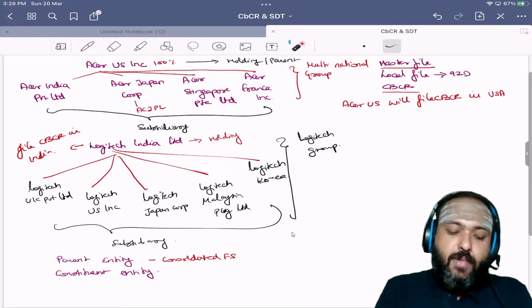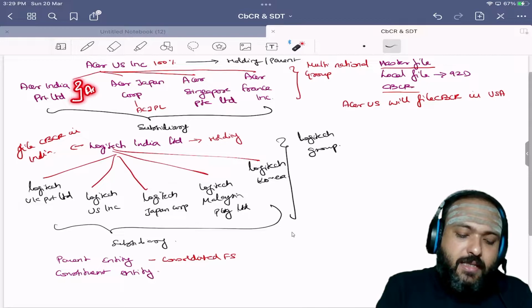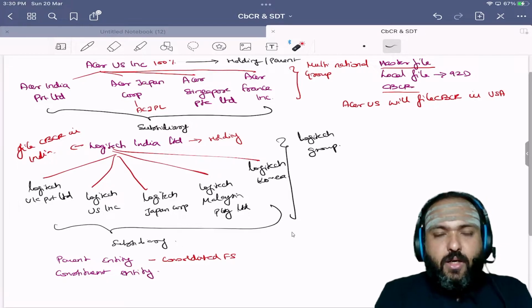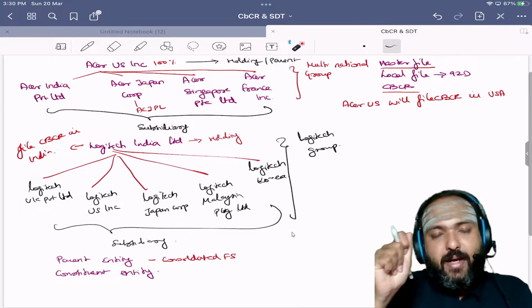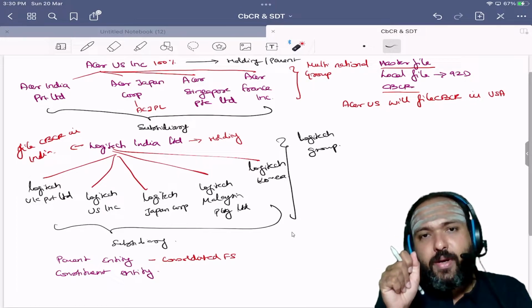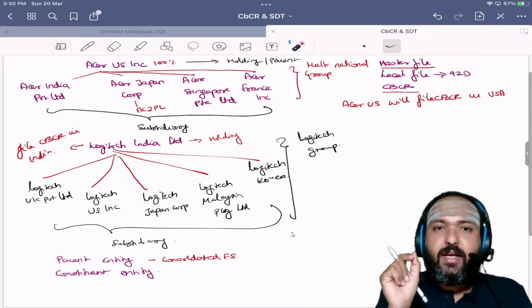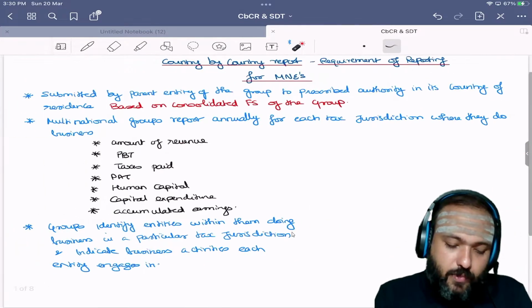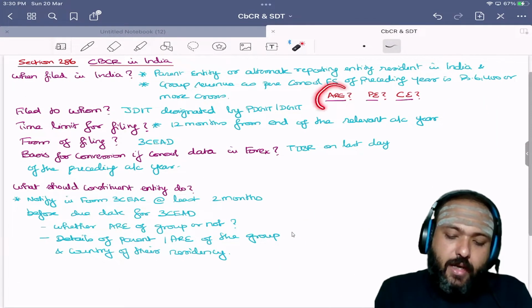At that point of time, Acer India will be called the alternate reporting entity, when it is designated by the parent company. The constituent entity which is designated by the parent entity is called the alternate reporting entity. Is it clear?